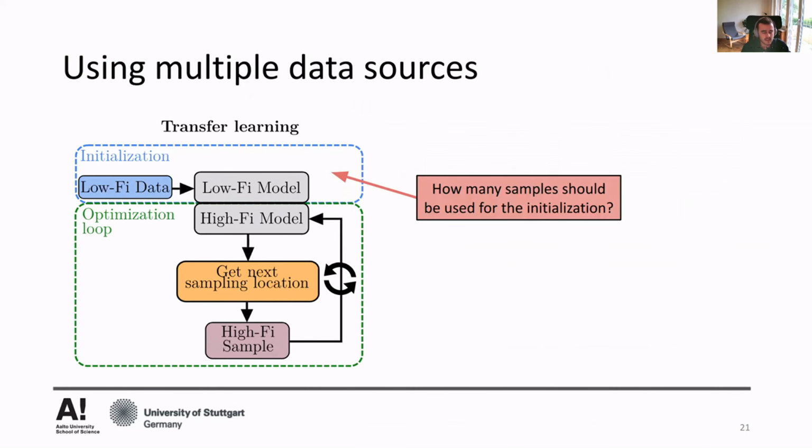Now, the scenario that we have multiple sources also raises the question of how we adapt our Bayesian optimization workflow now that we have these different data sources. So I will go through the scenario of having two fidelity levels available, which in this figure are called low fidelity and high fidelity.